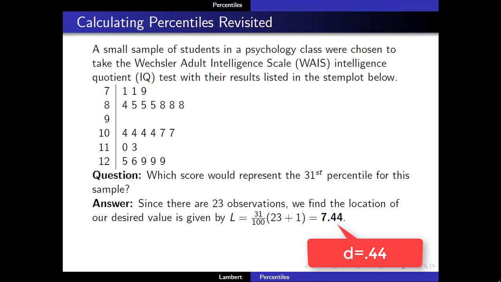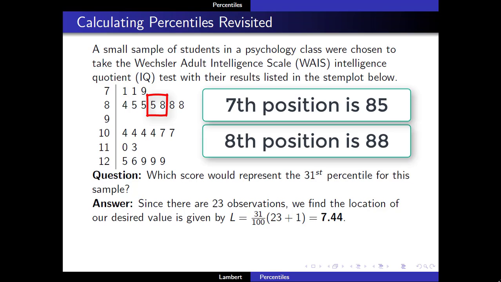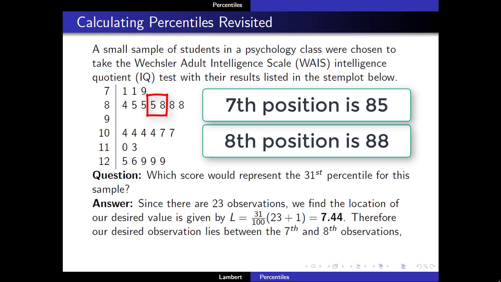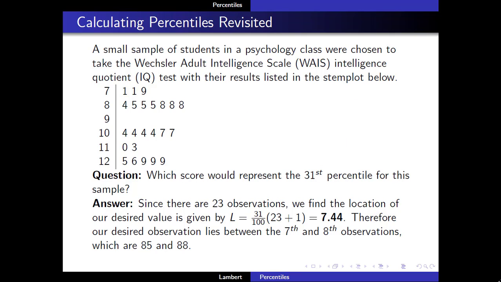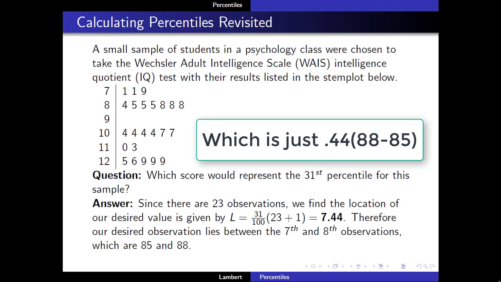But notice it's between the 7th and 8th observation. So if we count it out, we go 1, 2, 3, 4, 5, 6, 7, and then 8. So 85 and 88 seem to be our numbers. What that means is we're going to look for 44 hundredths of the way between 85 and 88. Okay?